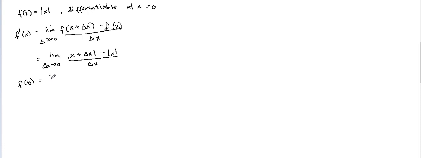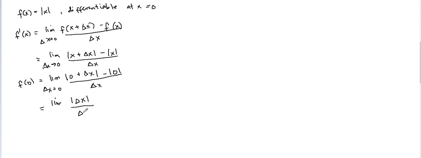So, we have the limit of 0 plus delta x minus the absolute value of 0 over delta x as delta x approaches to 0. Okay, so simplify that, we have the absolute value of delta x over delta x as delta x approaches to 0.